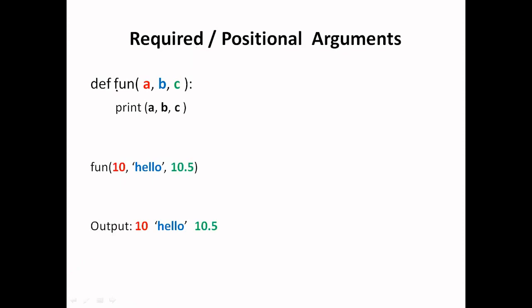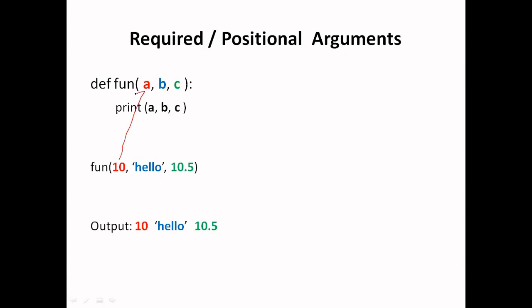In this case I have defined a function whose name is fun, and it is taking three arguments a, b and c. To call this function we use the same function name, and we pass the same number of arguments. That means three arguments are used while defining this function, so for calling it we will pass exactly three arguments. These arguments will be passed in their sequence.